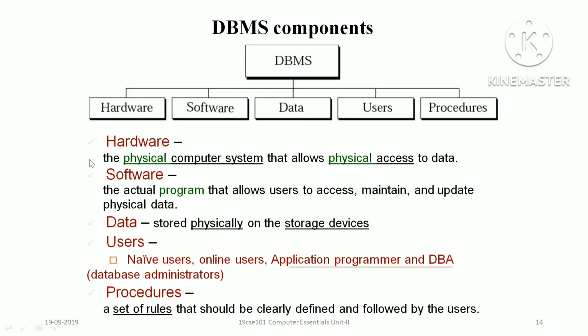Hardware: the physical computer system that allows physical access to data. We can say the hardware is the actual computer system used for keeping and accessing the database, right? And the DBMS hardware consists of secondary storage devices, usually hard disks, on which the database physically resides.